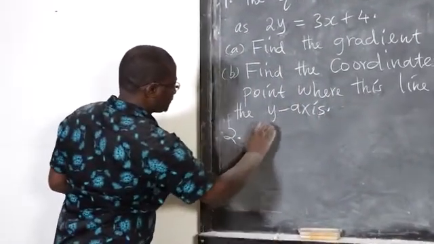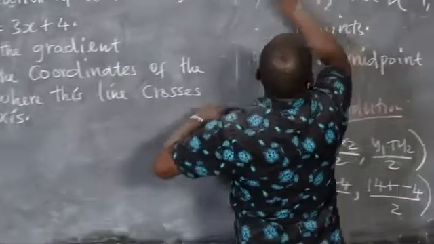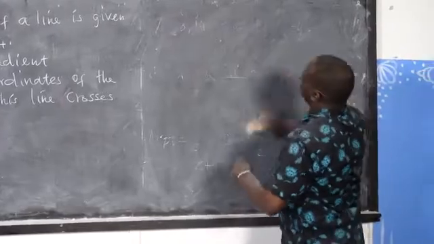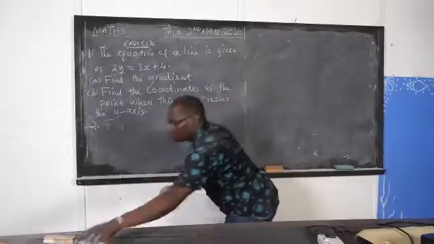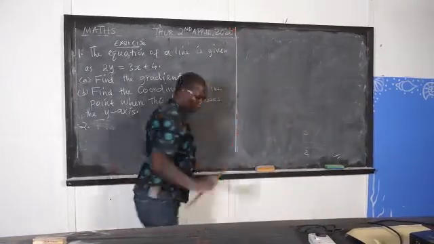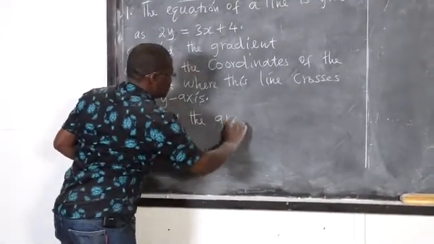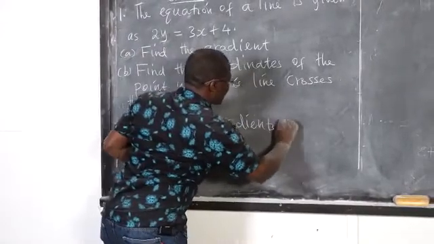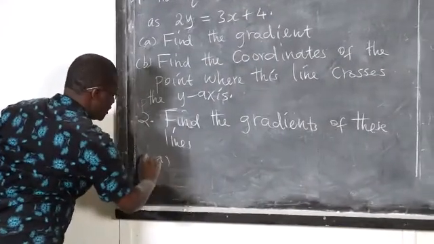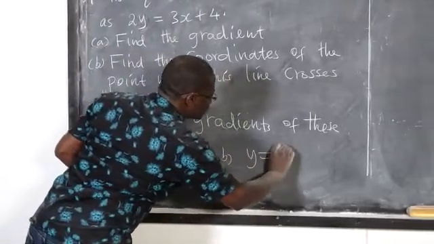Number 2, find the gradients of this line. So A, y equals to 4x plus 3, B, y equals to 1 minus x.